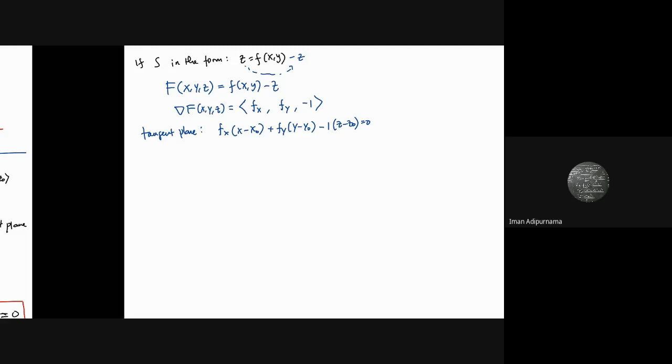The key is to make out these functions. You need to make this big F function to define your case or your problem, so you can use it in most of the cases.